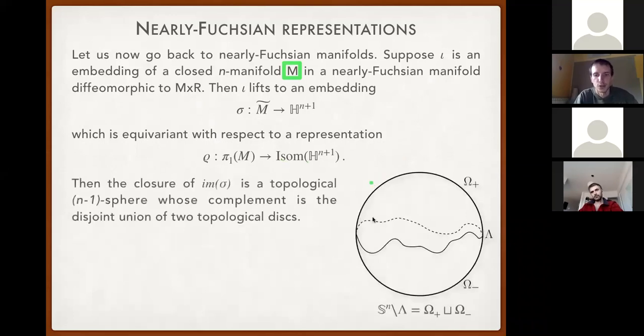And here is a picture. I forgot to say that I'm assuming that the immersion has small principal curvatures, between -1 and 1.